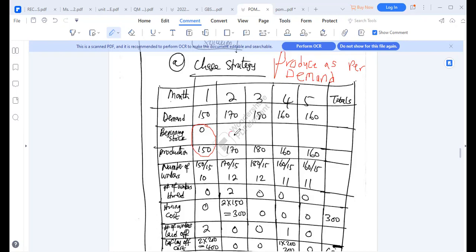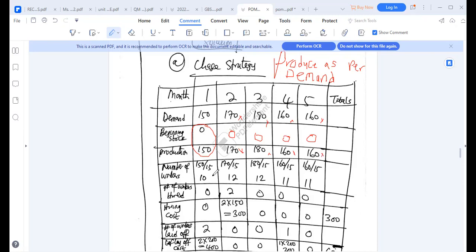Here there are no beginning stocks. These are zeros, that's why they are empty. Then what goes on here is that we are producing as per demand, so we produce whatever is required, and again here, and here too, we're producing whatever is required.